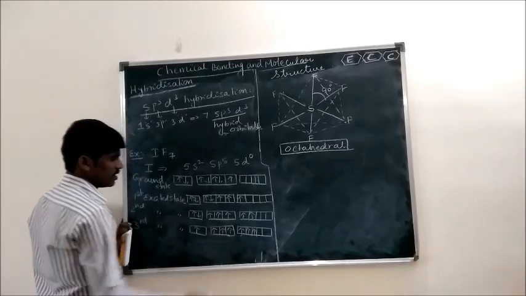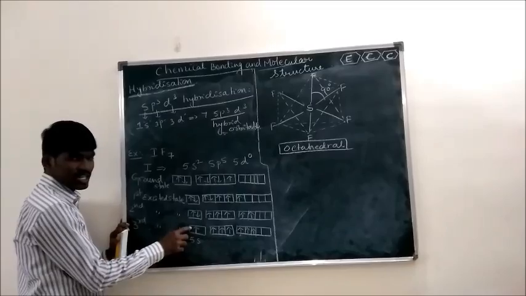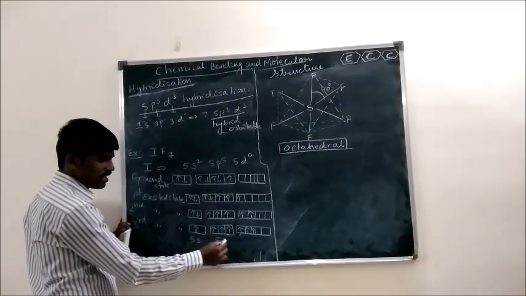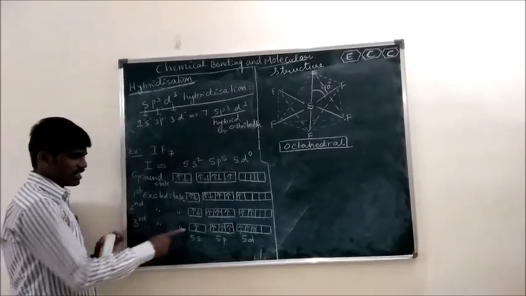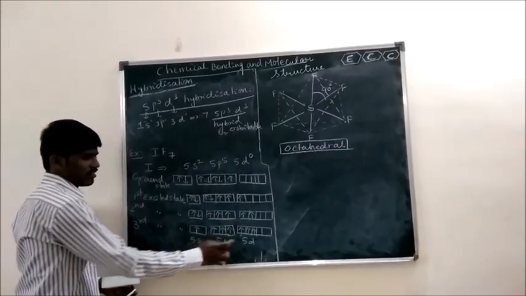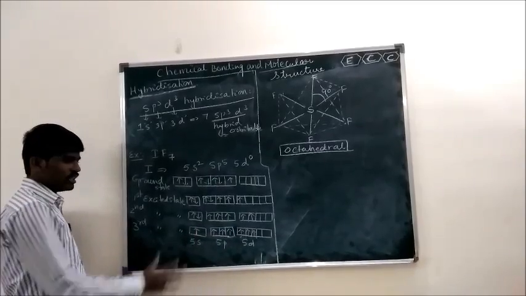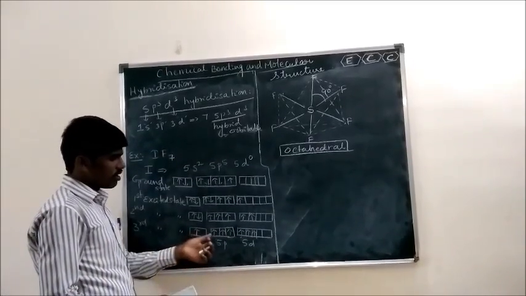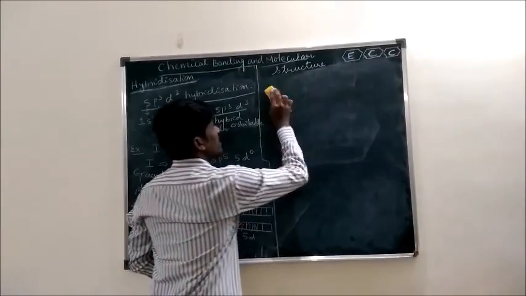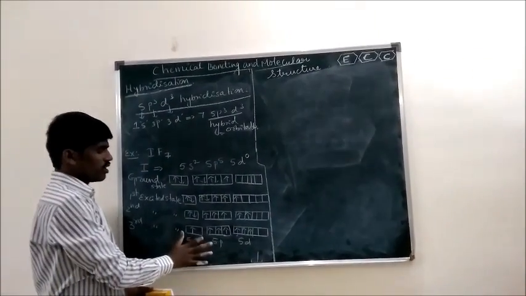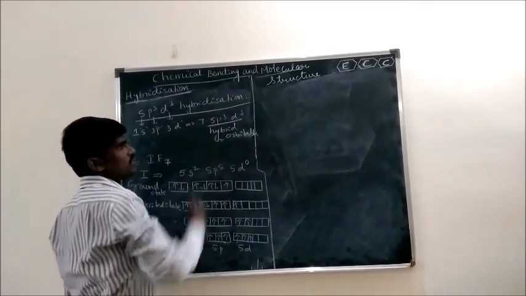Total we got 7 unpaired electrons. That indicates these 3 types of atomic orbitals will undergo intermixing. Total number of atomic orbitals undergoing intermixing are 7.